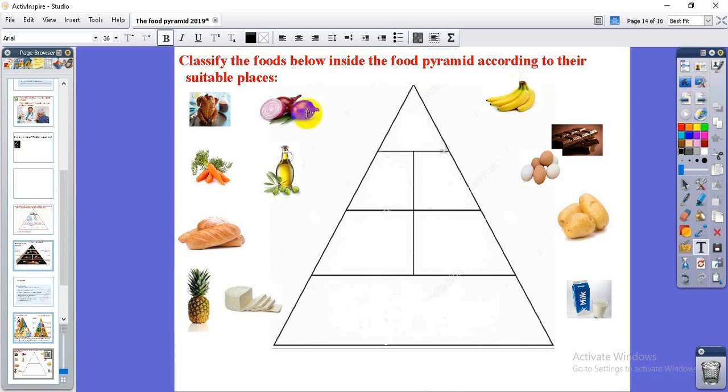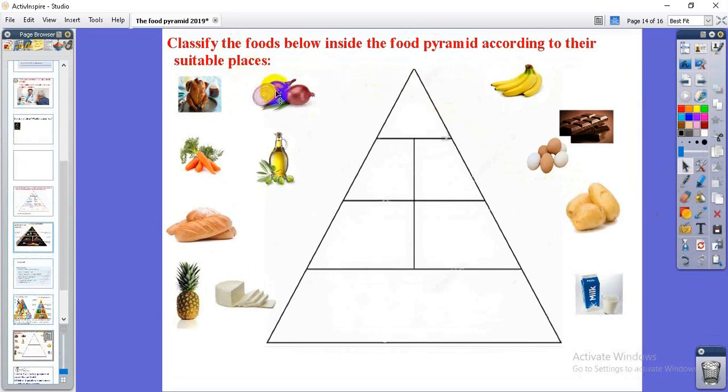So let's see. We have here chicken. We have onions, carrots, olive oil, bread, pineapple, cheese, milk, potato, egg, chocolate, and banana. And we have to classify. Do you know what's the meaning of the word classify?